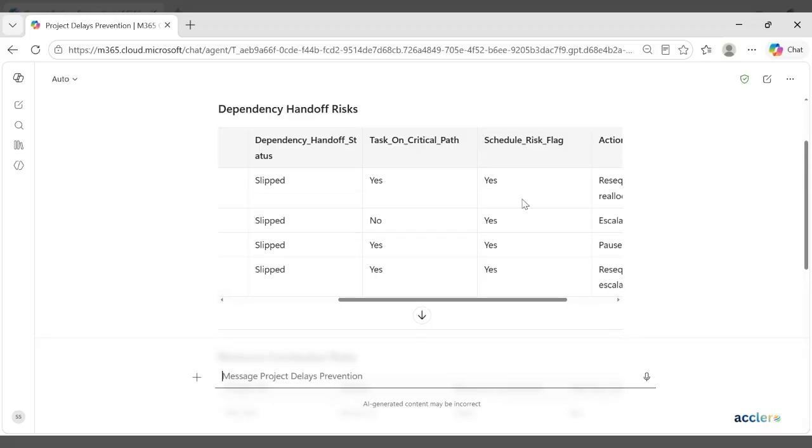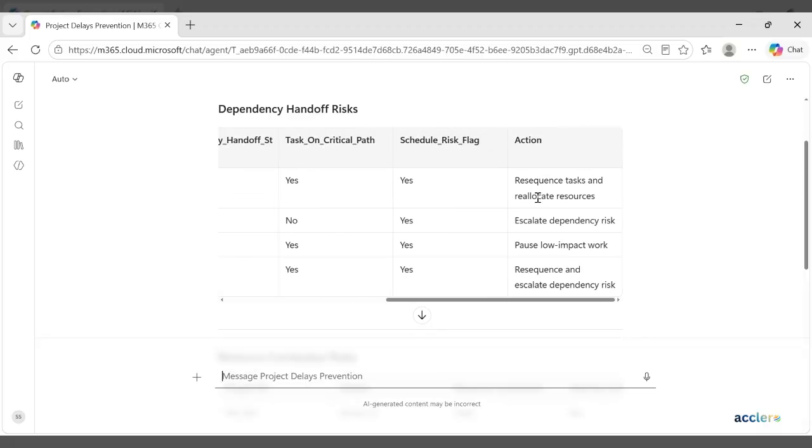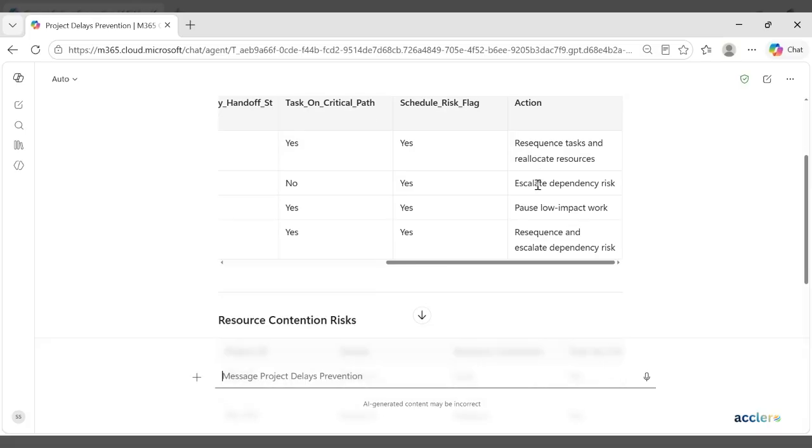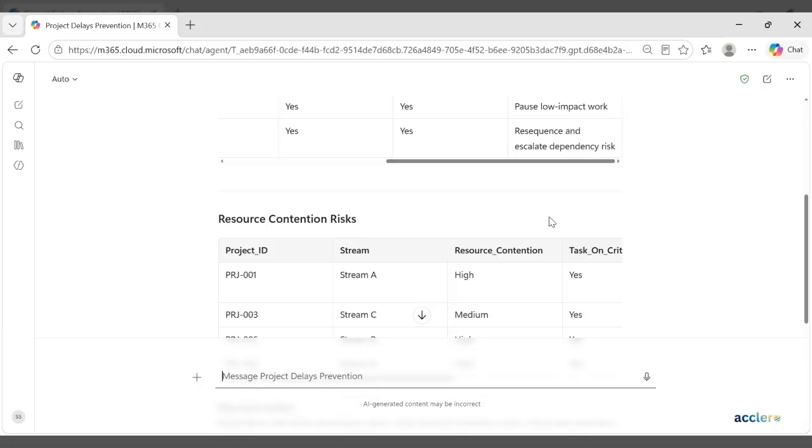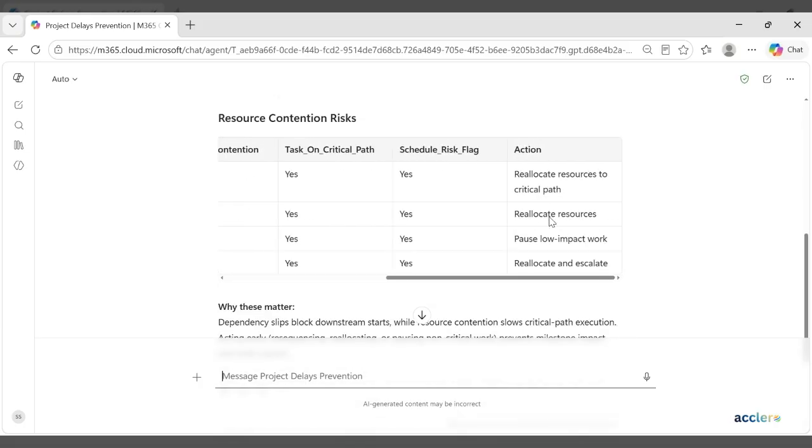So the agent also recommends early actions like the resequencing of the tasks, reallocation of the resources, and similarly for the resource contention risk. So this will protect the milestone delivery.